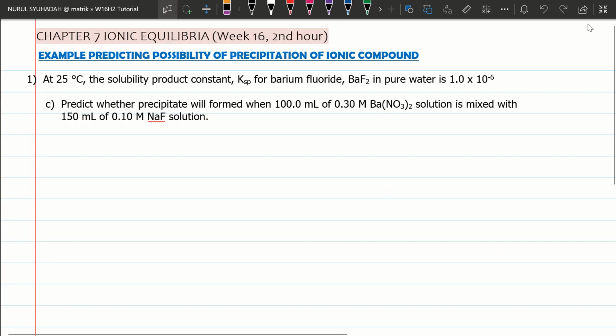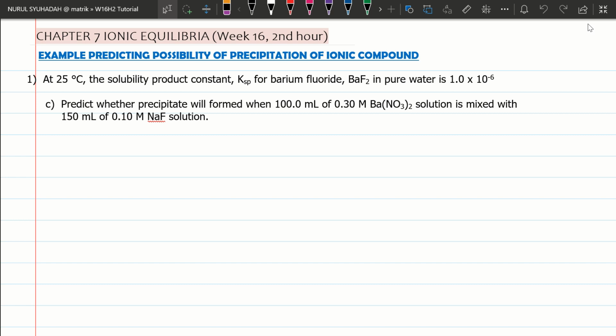Okay, so part C, soalan baru nak sampai soalan predict. So, predict whether precipitate will form when 100 ml of 0.3 molar barium nitrate solution is mixed with 150 ml of 0.1 molar NaF solution. Okay, apa yang awak akan nampak dekat sini? So, dekat sini kita campurkan two different solution.